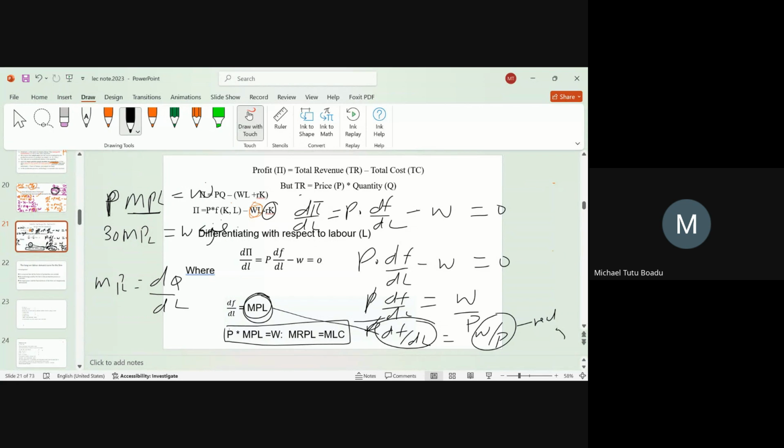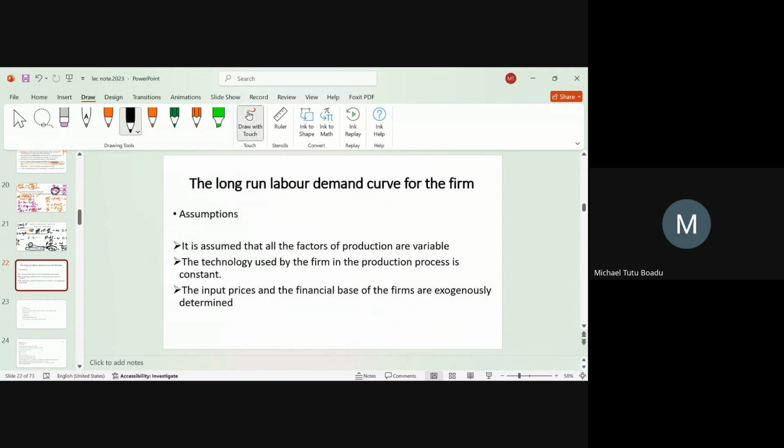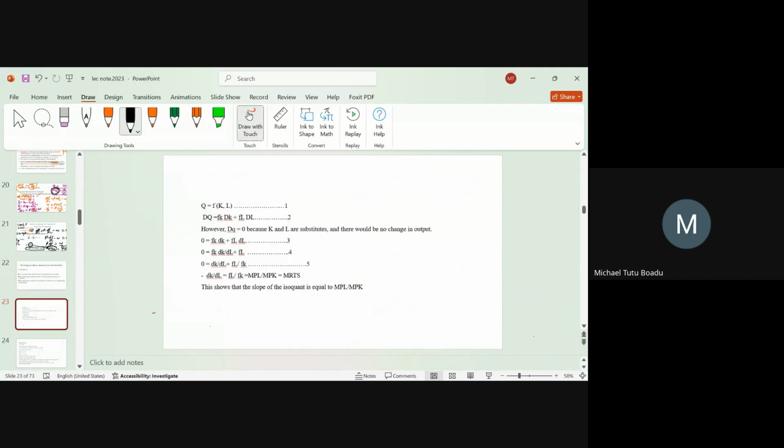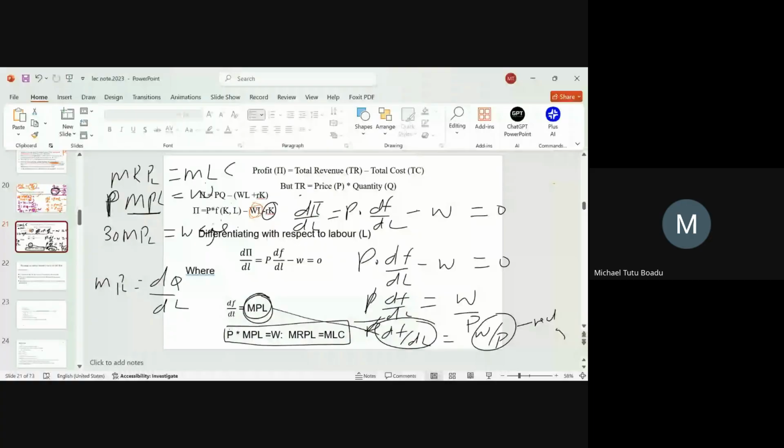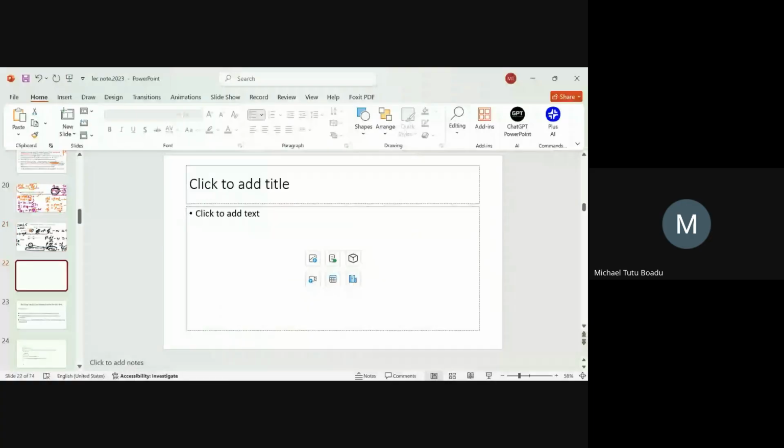Or the marginal revenue product of labor should be equal to the marginal labor cost. It's the same concept. Let me give an example.